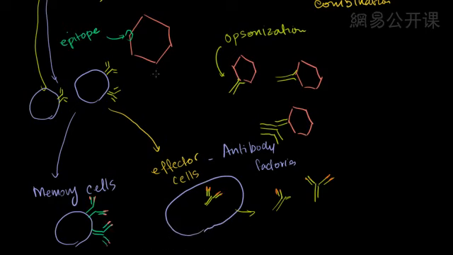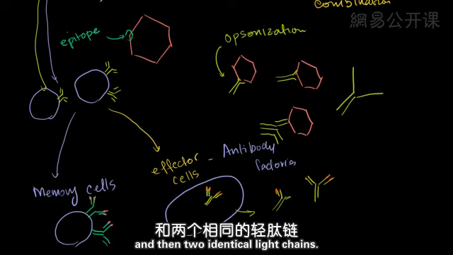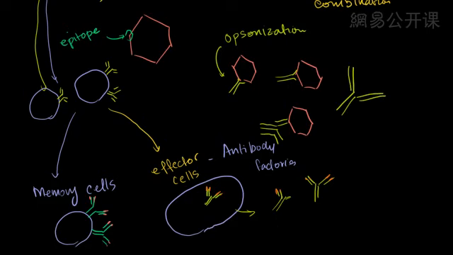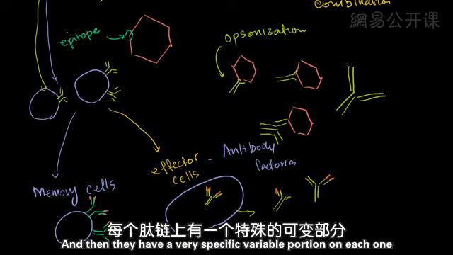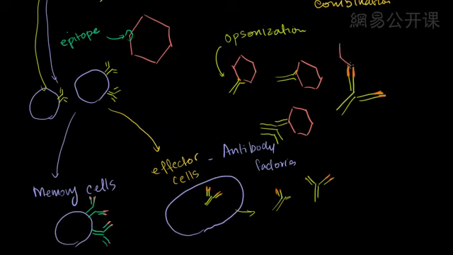And then the other thing is that on each of these antibodies, you have two identical heavy chains, I'll draw it like that, and then two identical light chains. And then they have a very specific variable portion on each one. Each of these branches can bond to the epitope on a virus.